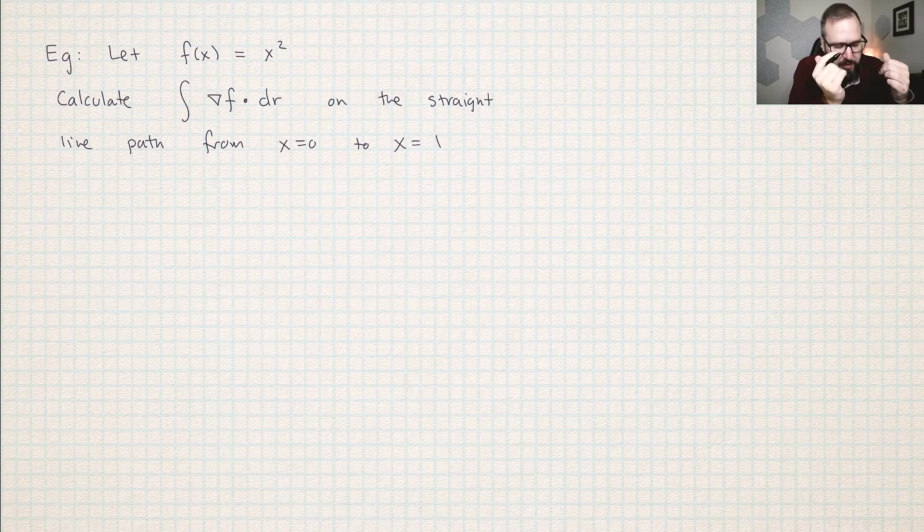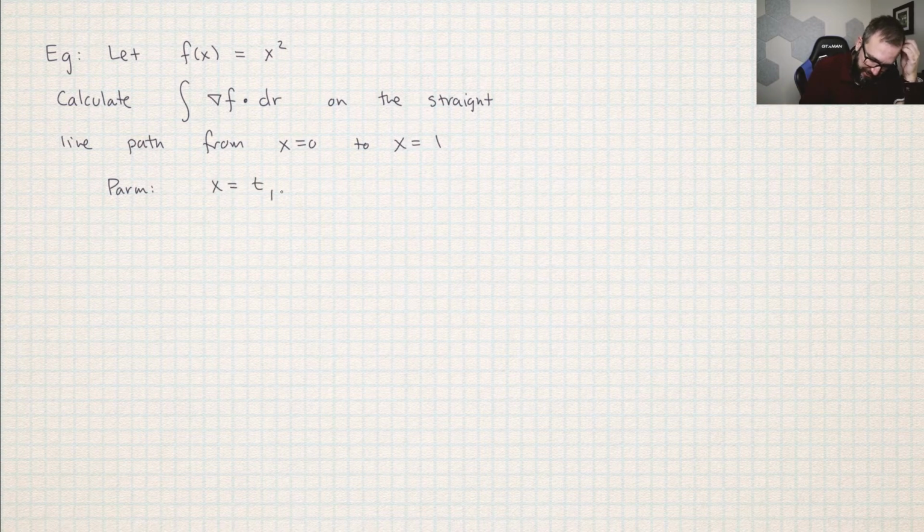So I'm going to work out this simple integral problem, and this is actually the fundamental theorem of line integrals in 1 dimension. What I'm going to do is parameterize the path here. My parameterization, I'm going to choose final minus initial times t plus initial. So I'm going to choose x equals t, and then t is going to be between 0 and 1.